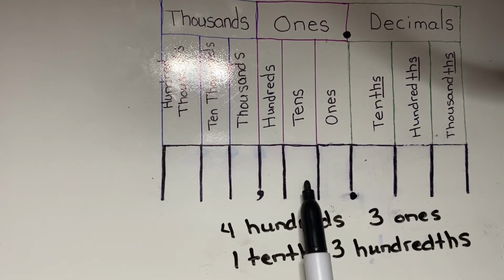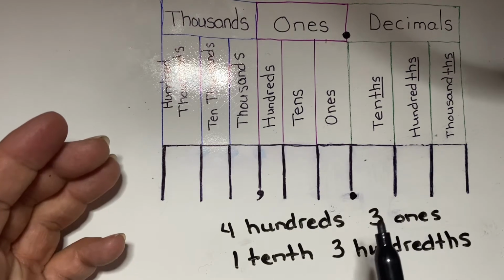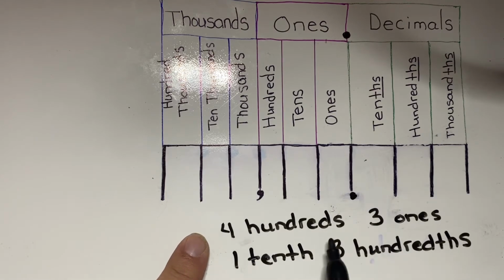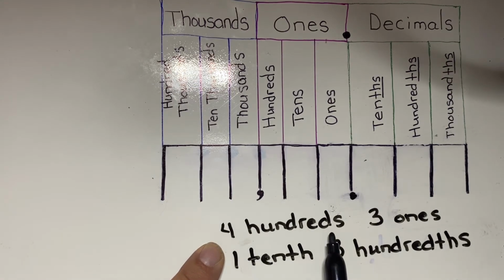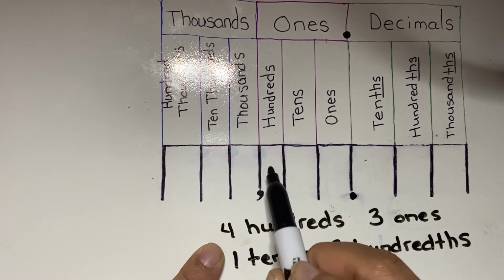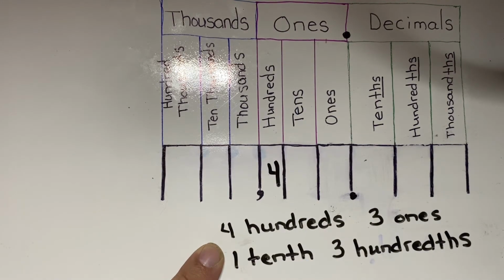I don't have anything in the tens place. So therefore, if I don't have anything in the tens place, I don't have to write down 0 tens. We just know there's nothing there. So if I have 4 hundreds, here's the hundreds, I have 4.